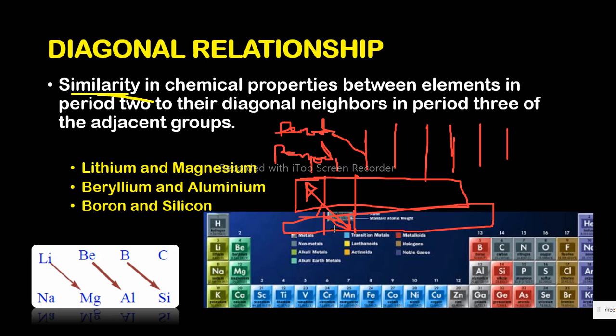And within a periodic table, we have elements that do show diagonal relationship. And that's lithium and magnesium, then beryllium and aluminium, then silicon and boron. These are the members that really show diagonal relationship within a periodic table.